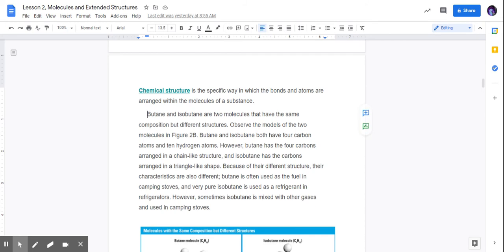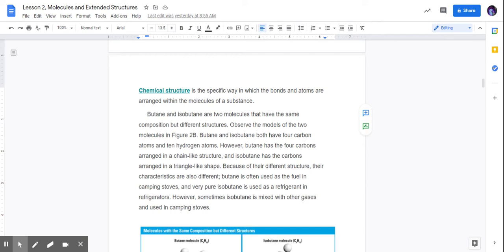Butane and isobutane are 2 molecules that have the same composition but different structures. Observe the models of the 2 molecules in figure 2b. Butane and isobutane both have 4 carbon atoms and 10 hydrogen atoms. However, butane has 4 carbons arranged in a chain-like structure, and isobutane has the carbons arranged in a triangle-like shape.